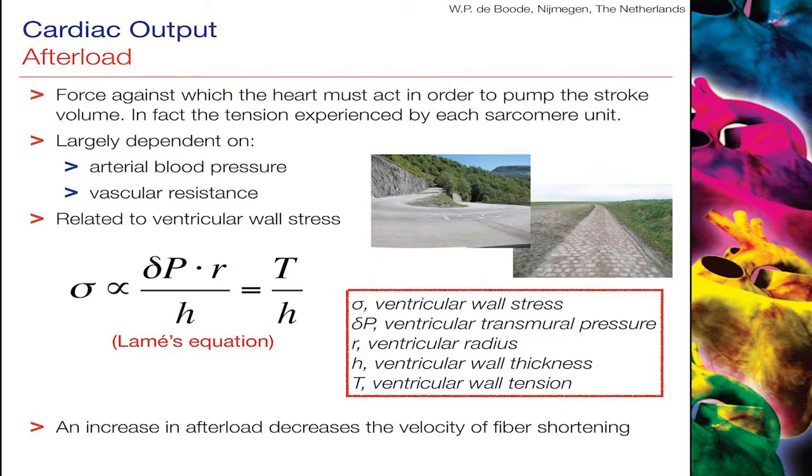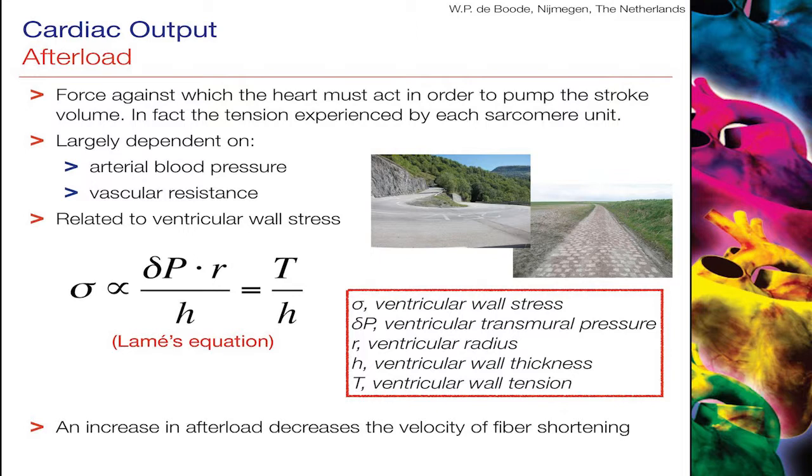What you can see over here is that the ventricle wall stress depends on the ventricle wall thickness. So when there is a hypertrophy of the myocardium, it will decrease ventricular wall stress, so it will decrease afterload.